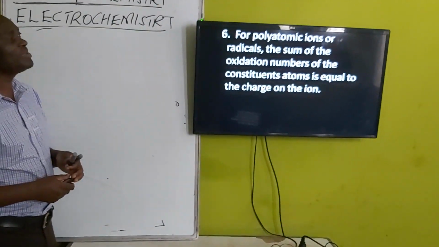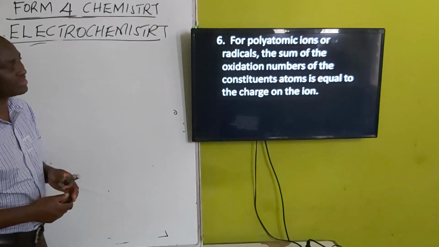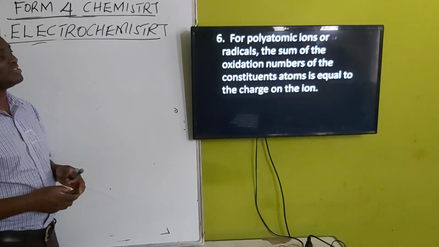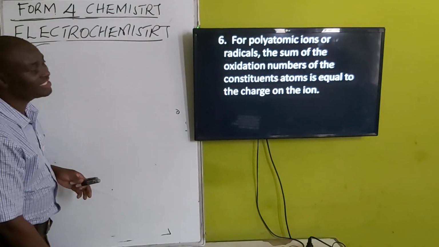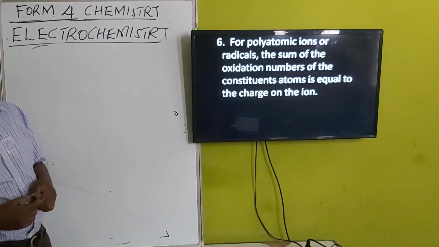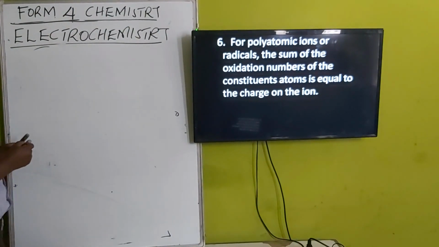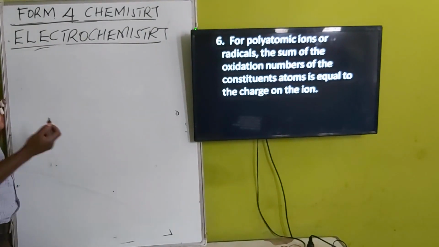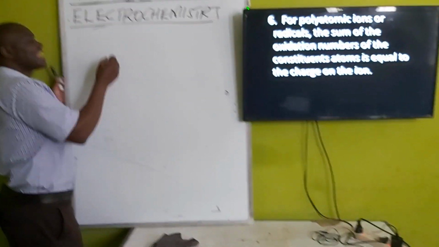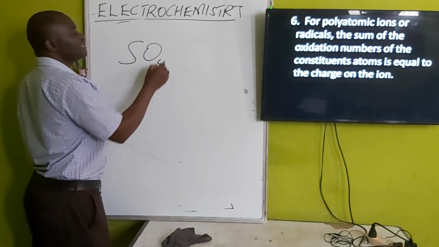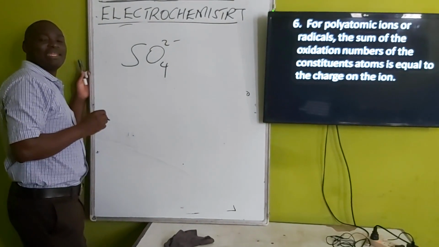Then number 6, for polyatomic ions or radicals, the sum of the oxidation numbers of the constituent atoms is equal to the charge on that ion. Polyatomic means these are ions made up of more than one atom.